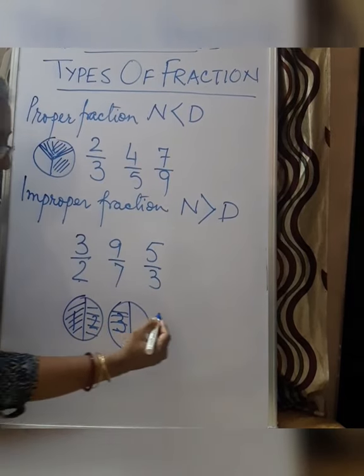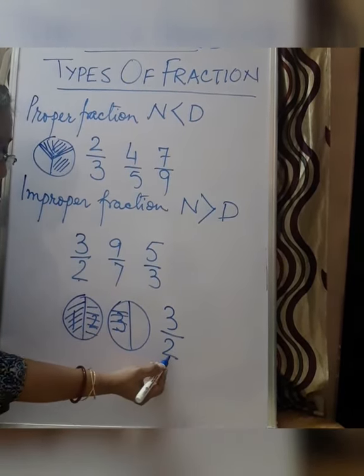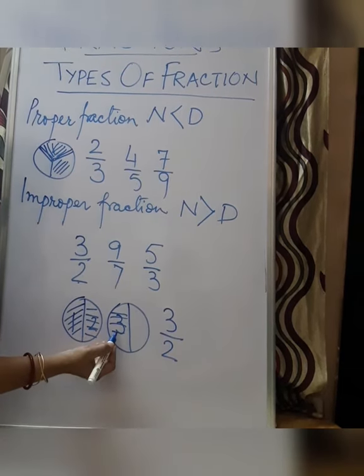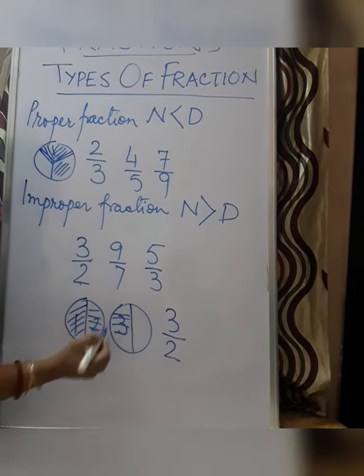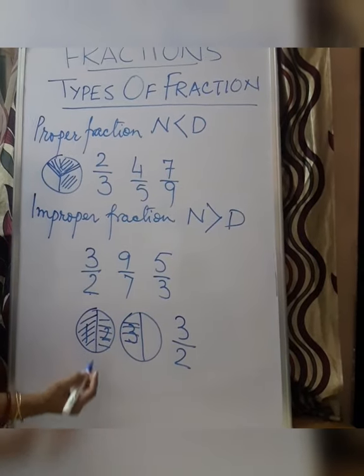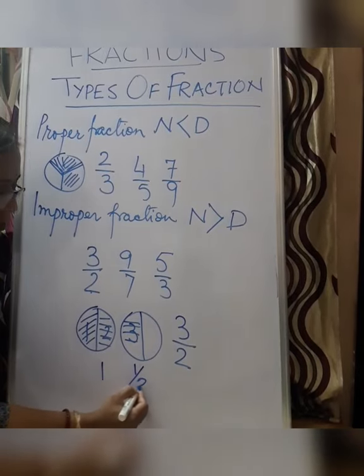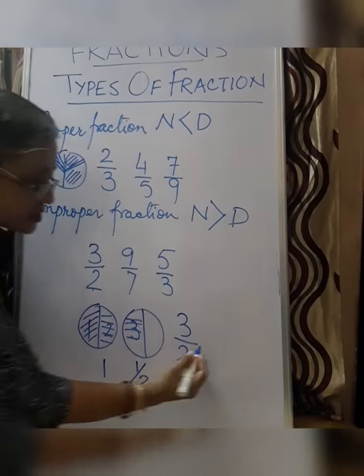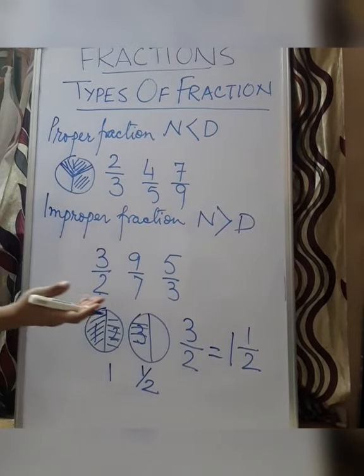So this fraction we call 3 by 2 because the total number of parts is 2, but we have taken 3. Now this fraction can be changed into a mixed fraction because here you can see we have taken one whole apple and the other one is half. So this is equal to 1.5. This is known as mixed fraction.